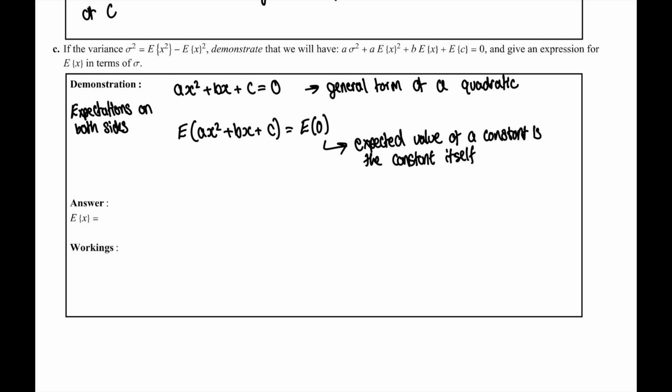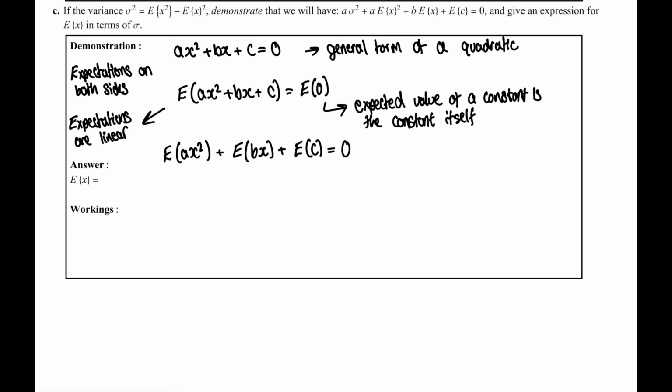And what we can do is split this up, as expectations are linear. What I mean by that is we can now write E[ax squared] plus E[bx] plus E[c] is equal to 0. And now we can take out all the fixed constants. So we get a E[x squared] plus b E[x] plus E[c] is equal to 0.